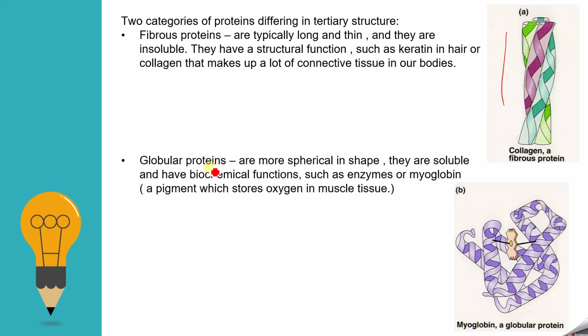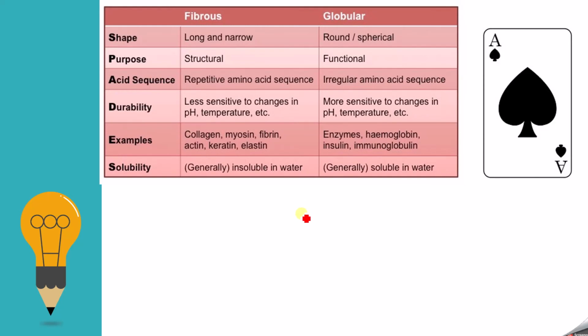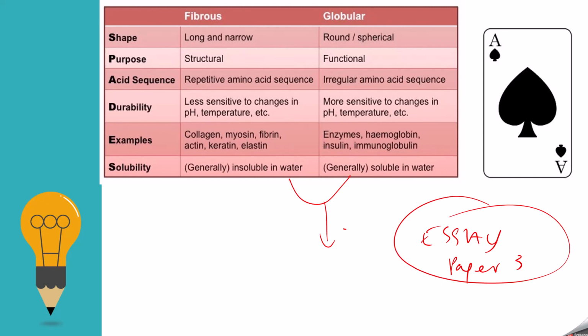Then you also have globular proteins, which are more spherical in shape, and they are soluble and have a biochemical function, such as enzymes or myoglobin, a pigment which stores oxygen in muscle tissue. So these are the general differences. If you want to memorize it, you can, because it could be beneficial for your essay in paper 3. But you've got a long time for that, unless you're in year 2.